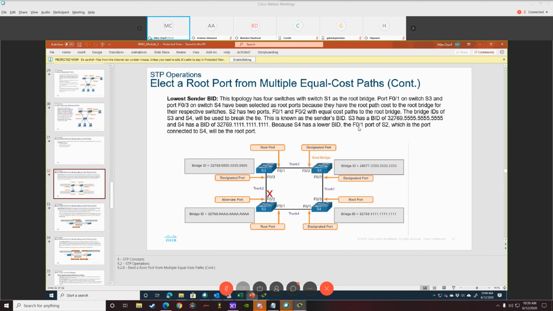The F0/1 port of S2 right here becomes the root port, because this one has a lower value than S3. So therefore, we go this way and not that way. The port connected to S4 will be the root port. You follow what they're saying here?